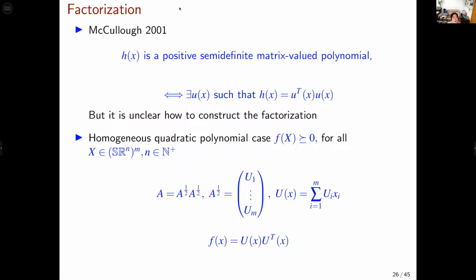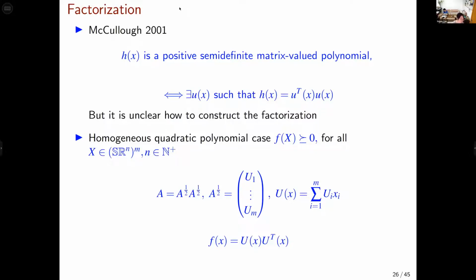Then we consider the factorization of positive polynomials. In 2001, McCullough proved that H is a positive semi-definite matrix-valued polynomial if and only if there exists a U(x) such that H equals U transpose U times U. But we only know there exists a U; we don't know how to construct this factorization.